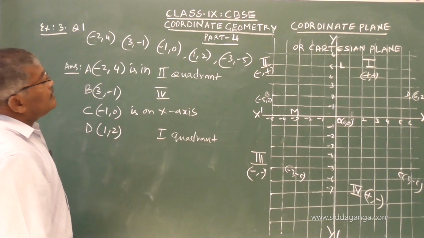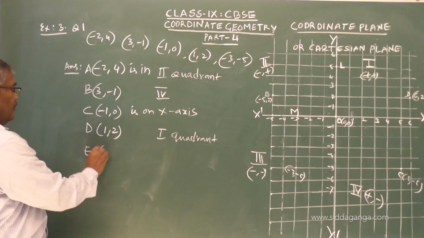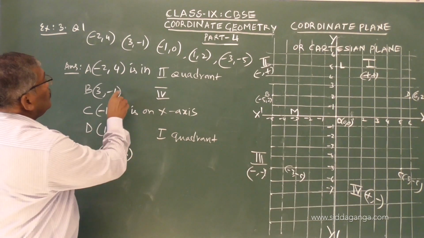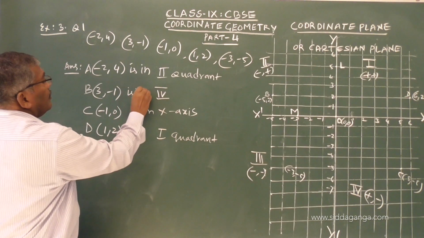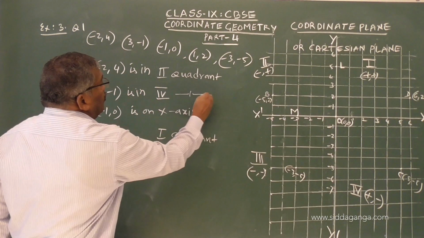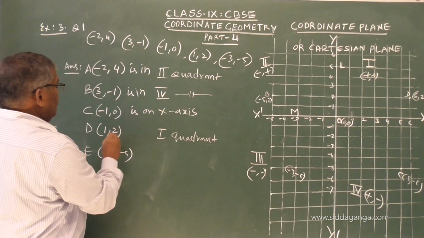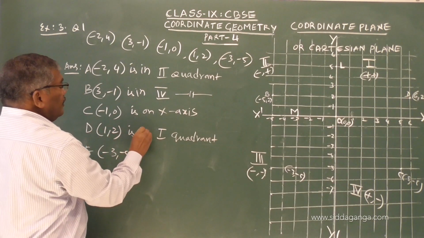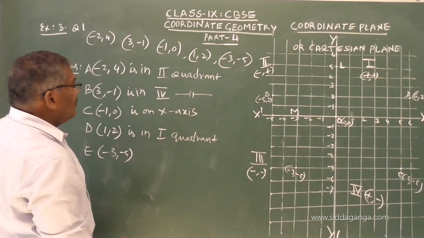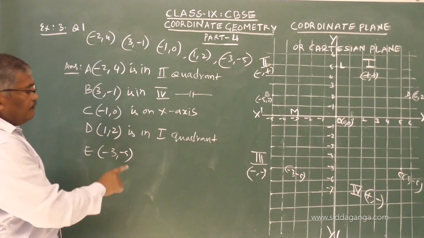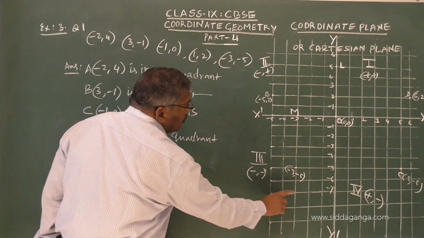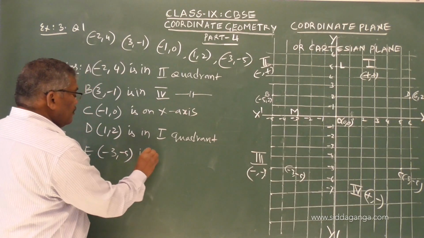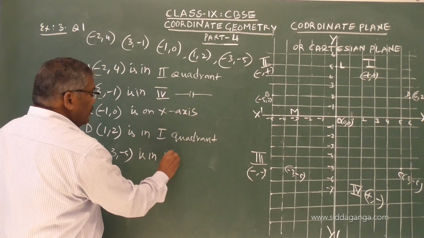And (-5, -3), point E. Now -3, -5 both are negative. It comes in the third quadrant. X is negative, y is negative. E is in the third quadrant.